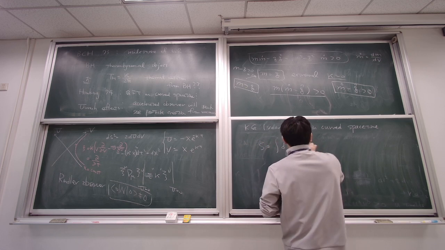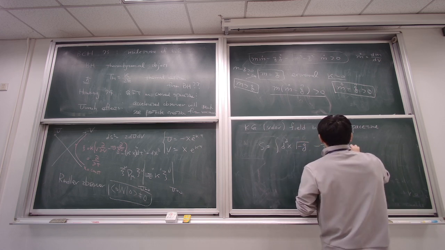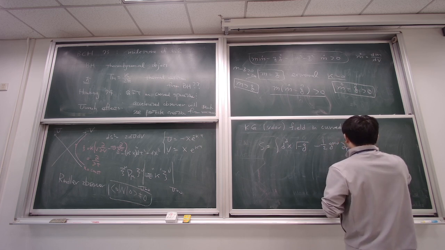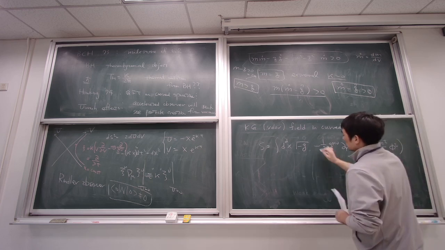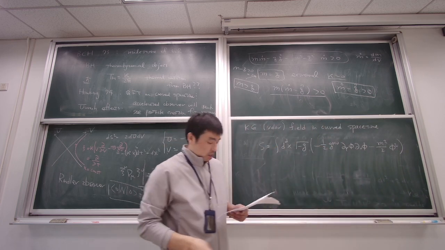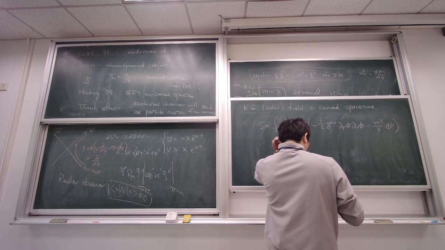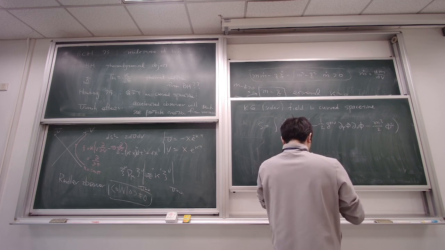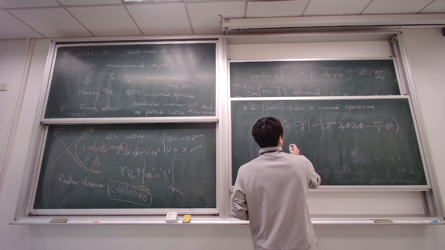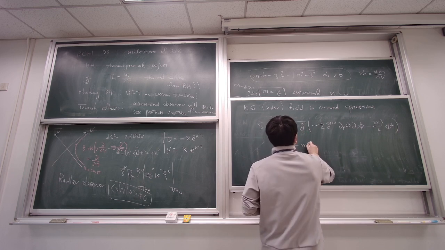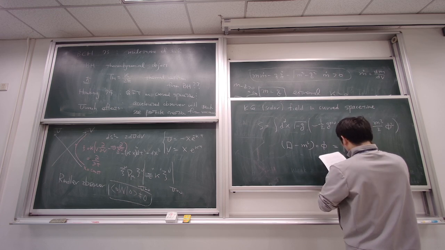Whatever dimension is okay actually. So this is a Klein-Gordon action, and then of course we know that the Klein-Gordon equation is something like this one. And then this one, in curved spacetime, it becomes like this way.